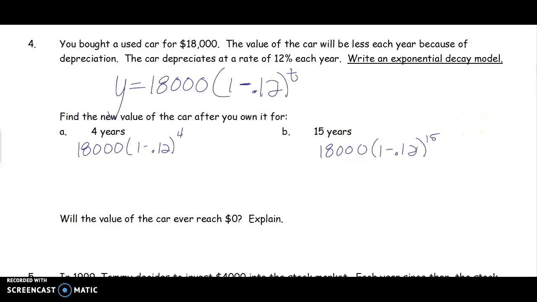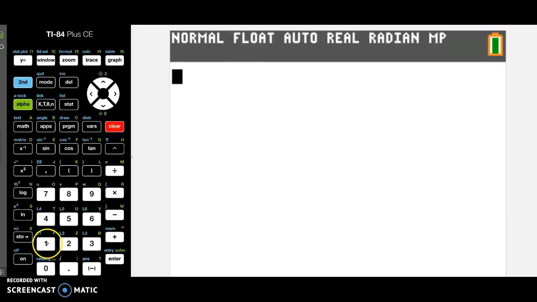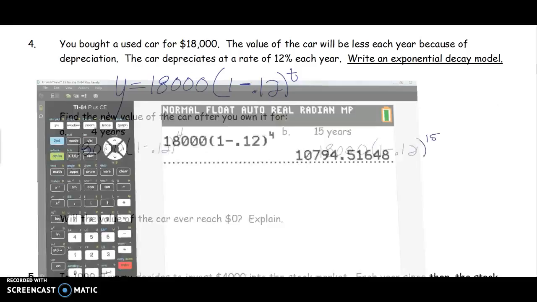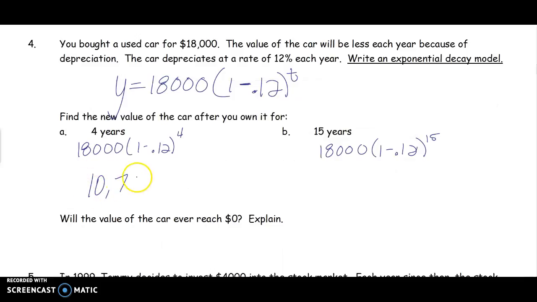So let's go ahead and go to our calculators. And we would say 18,000 times 1 minus 0.12, because it's at 12%, to the 4th power, which your car's worth $10,794.52. So it went down almost $8,000.